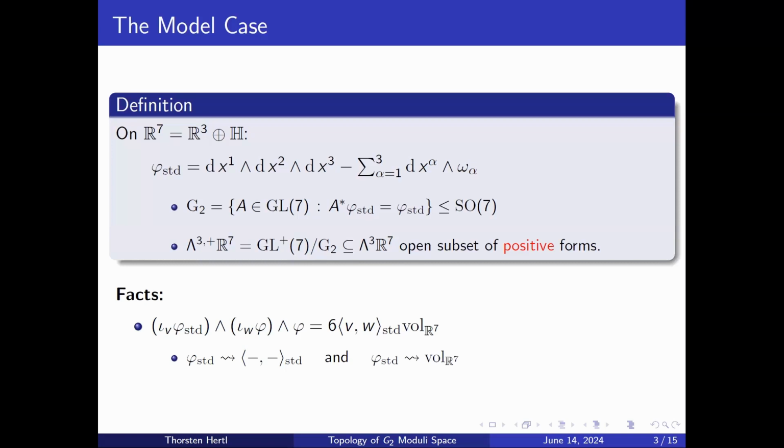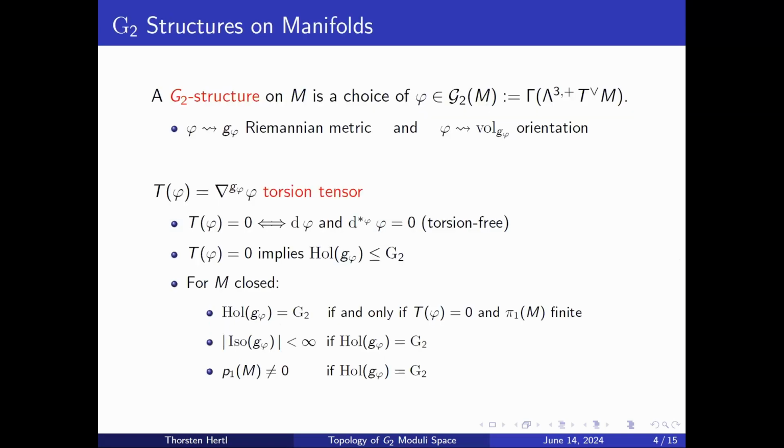We use this open orbit to generalize G2 structures to manifolds. These are just three-forms that have values in this orbit of three-forms. Again, such a section gives rise to a Riemannian metric and an orientation of that manifold, with the same formula as before, because it was a pointwise formula. So you may ask now, what kind of obstructions are there for a G2 structure to live on a manifold?